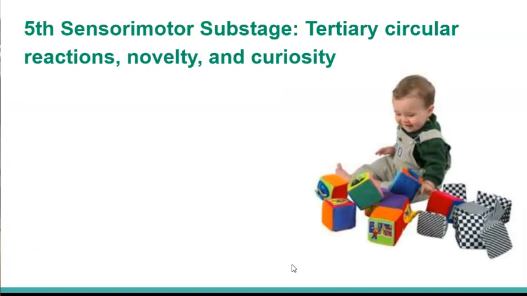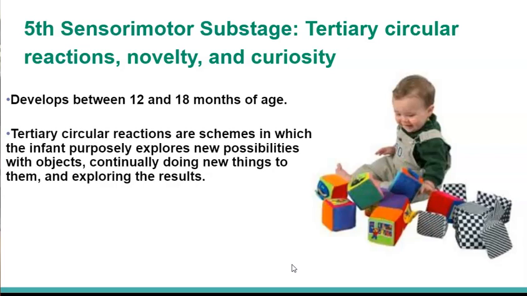The fifth sensory motor substage is the tertiary circular reactions, novelty, and curiosity. During this stage is when we have children that are beginning to be curious. And this develops between 12 and 18 months of age. This is where, again, the child purposely explores new possibilities.